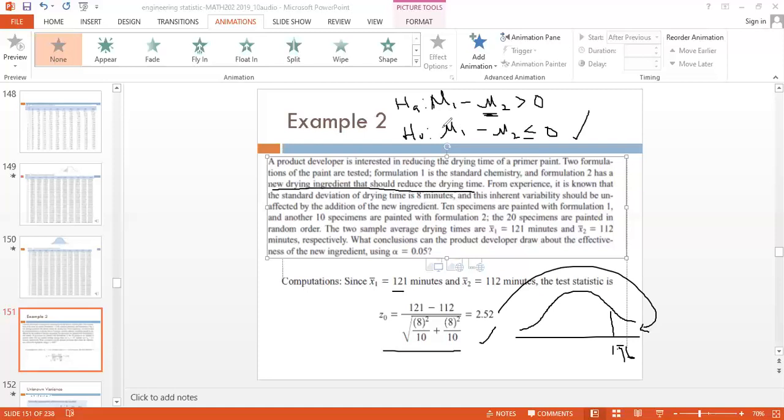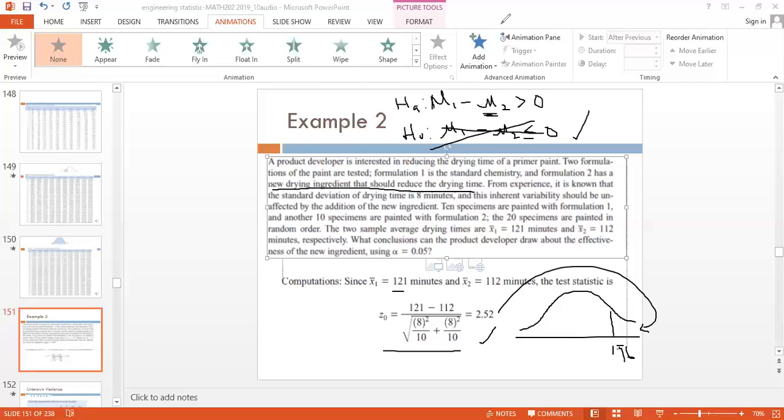Which simply means that the difference between the first formula and the second formula is significant, greater than 0. There is a big difference between the two formulas, and indeed, the second formula is effective at reducing the drying time of the paint.